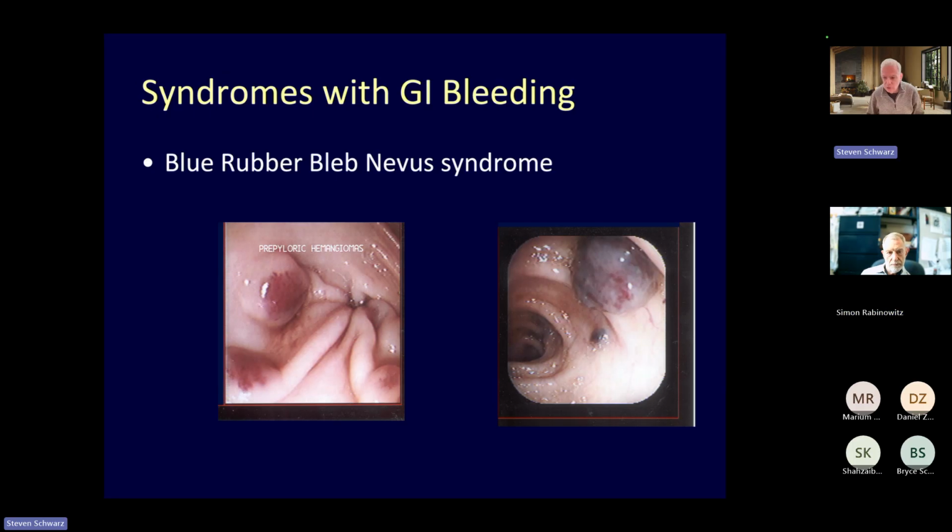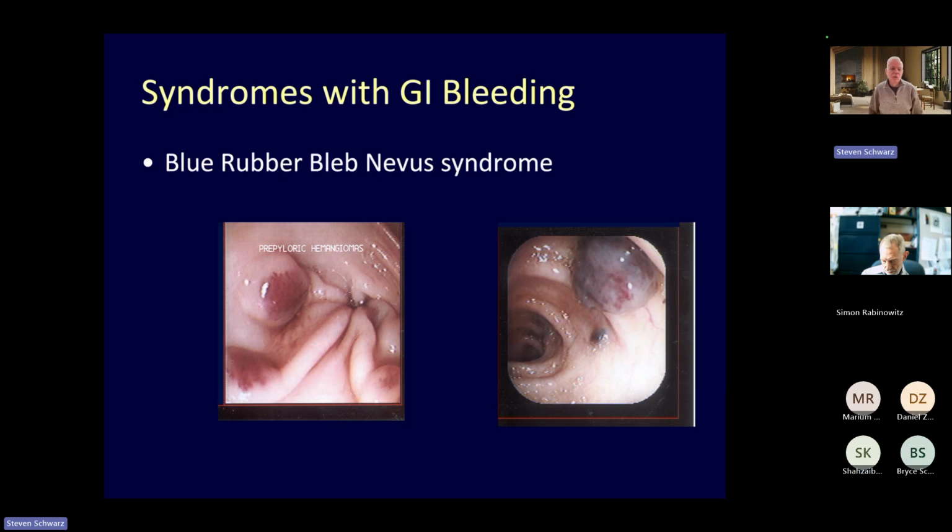The typical juvenile polyp is not going to present with melena, but if you have a small bowel polyp, which can occur in any one of the number of syndromic polyposis syndromes that we've gone over, where the polyp can be gastric, duodenal, jejunal, or ileal, yes, you could potentially have melena.